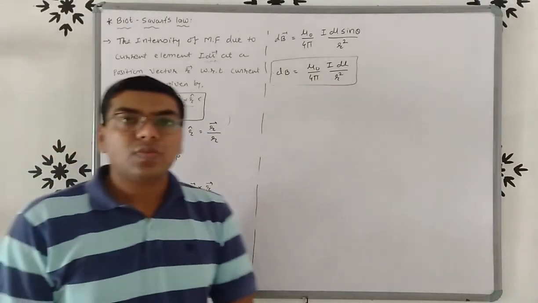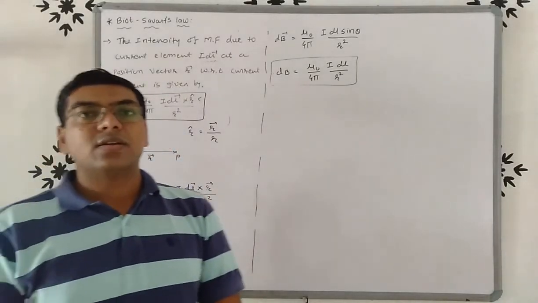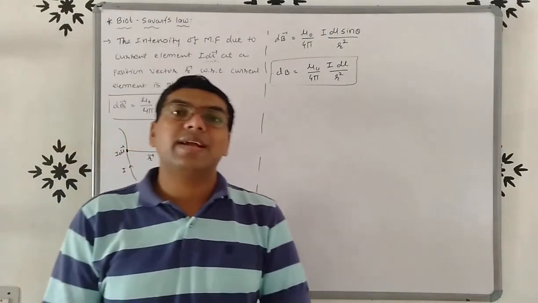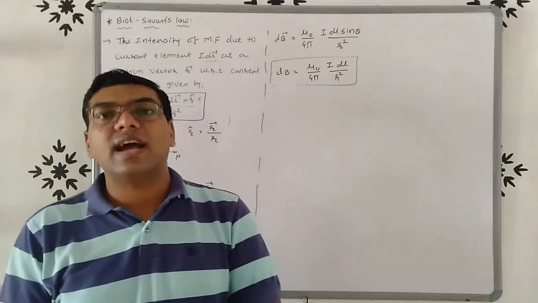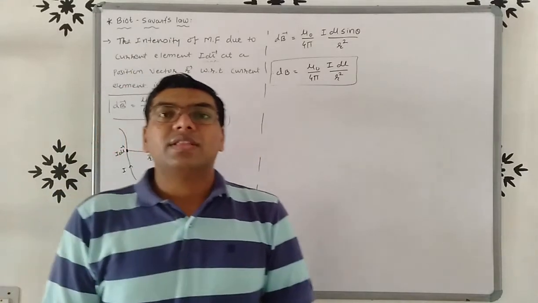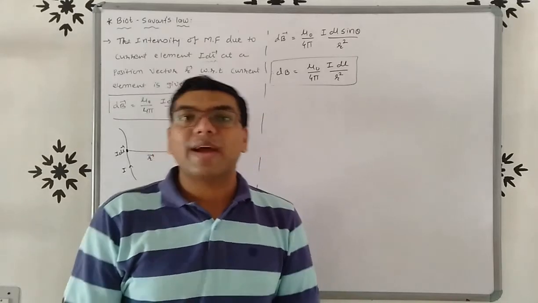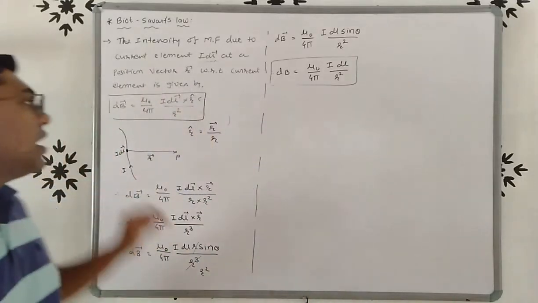Now once again, what is the statement? The intensity of magnetic field due to current element Idl at position vector r with respect to current element is given by dB is equal to μ0 by 4π, Idl cross r cap upon r square.